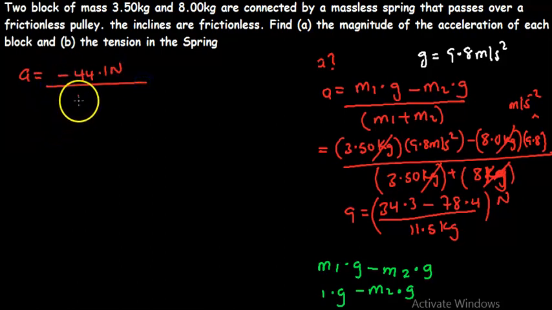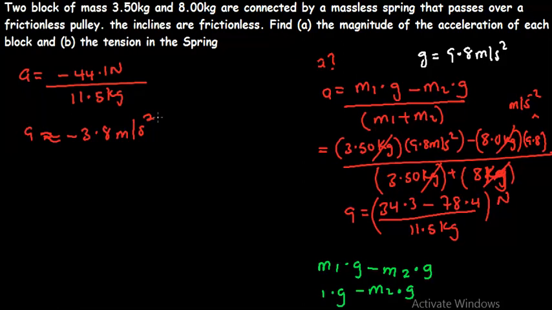And the denominator is still going to be 11.5 in kilogram. If you divide negative 44.1 Newton by 11.5, your final answer is simply going to be negative 3.8. Since it's acceleration, our unit is going to be meter per second square. Since the acceleration is negative, it means that the block moved in the opposite direction.